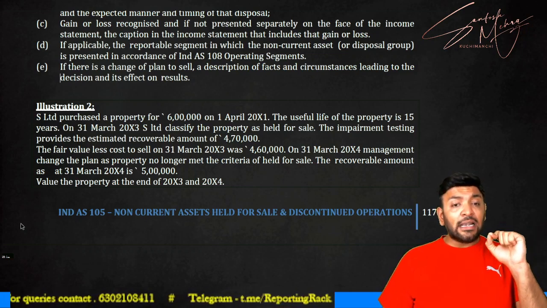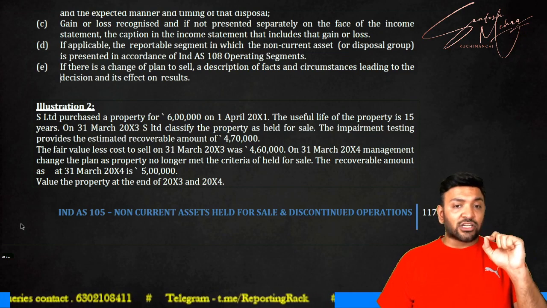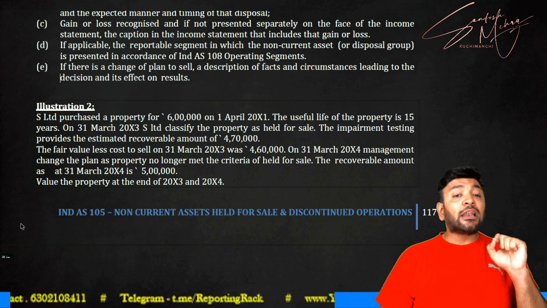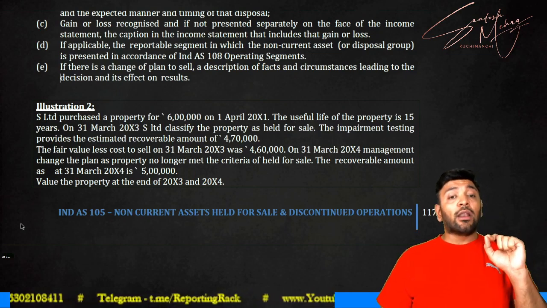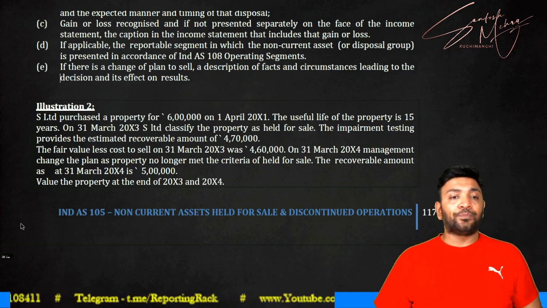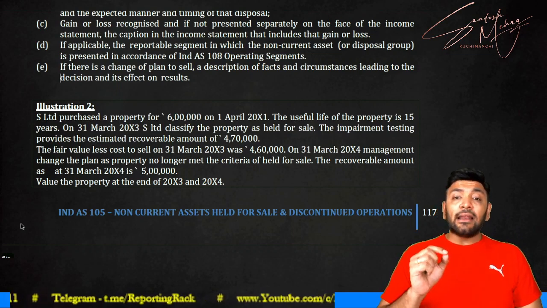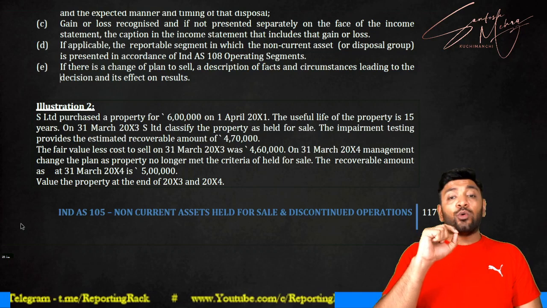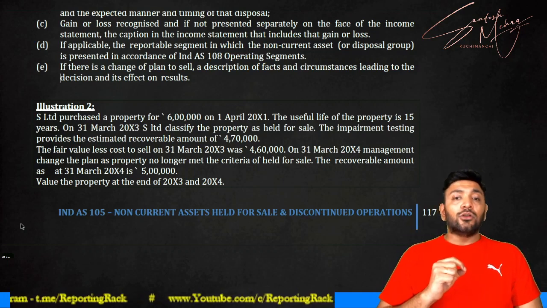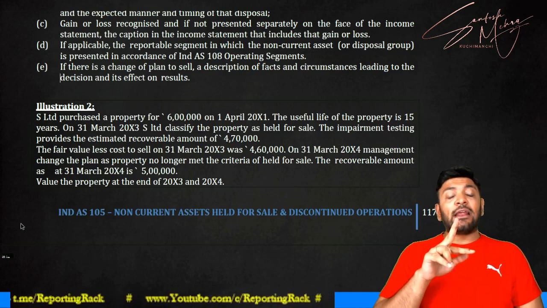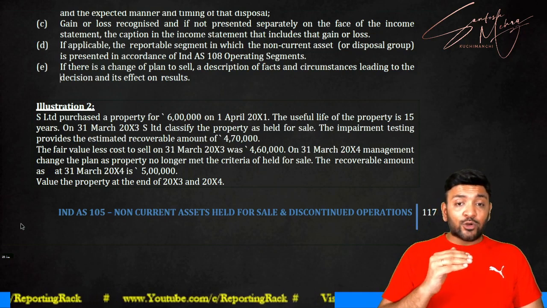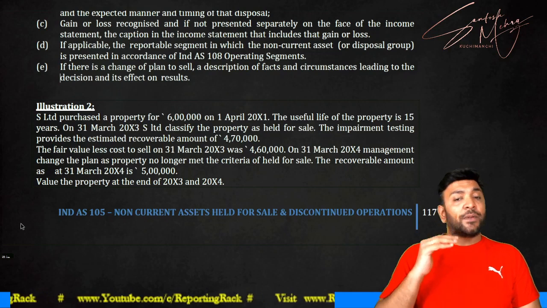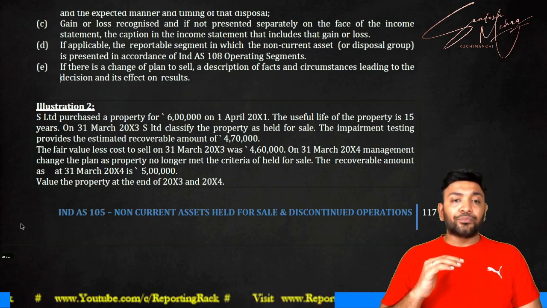Therefore, on 31st March 2023, the carrying value of the asset after depreciating it by 2 years would have been 5,20,000. On that date, it was classified as held for sale, on which date the fair value is 4,60,000. So the difference between 520 and 460, since the fair value is lower, I'll have to make sure that 60,000 is being charged to P&L. Clear?